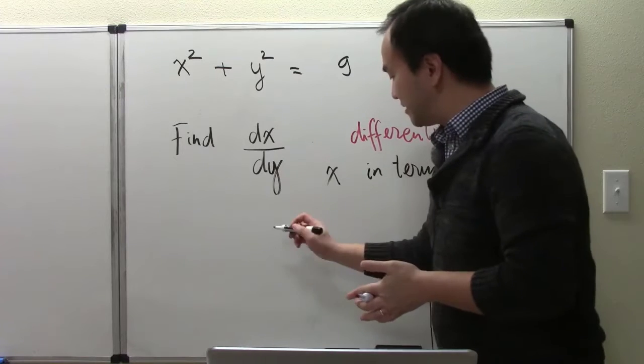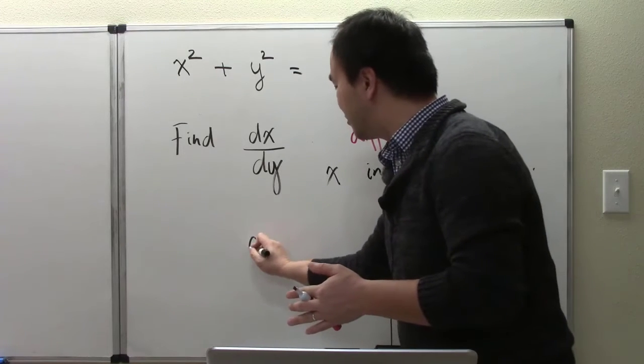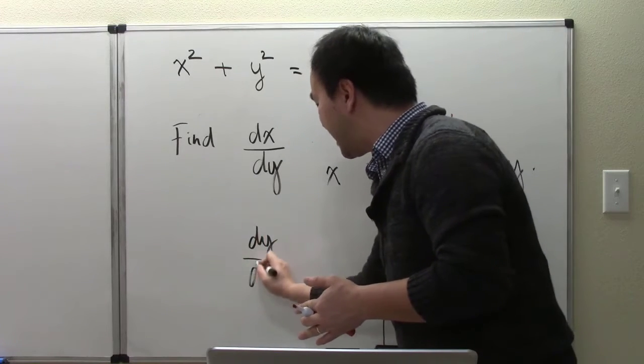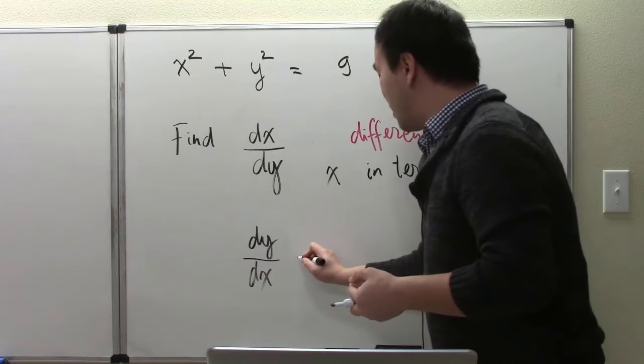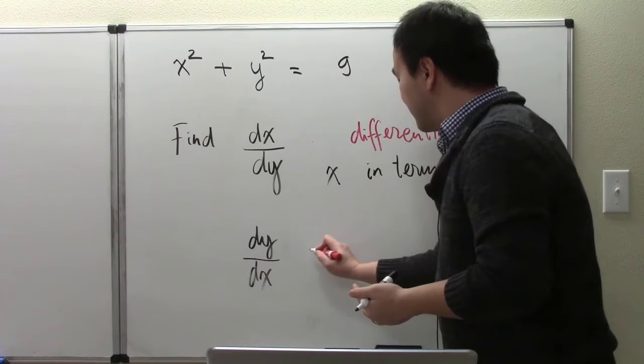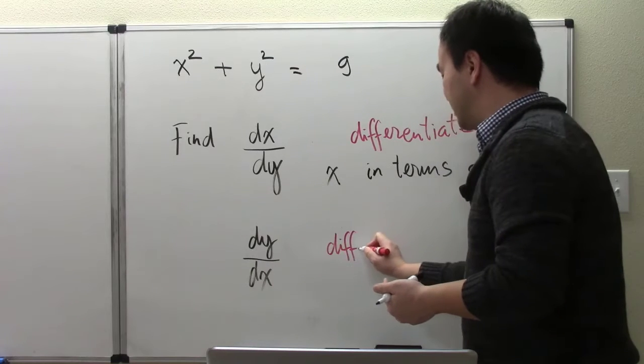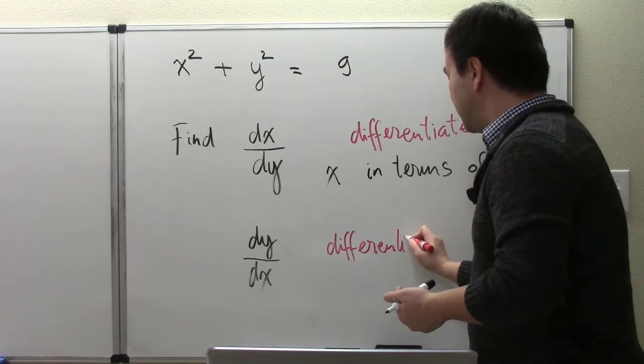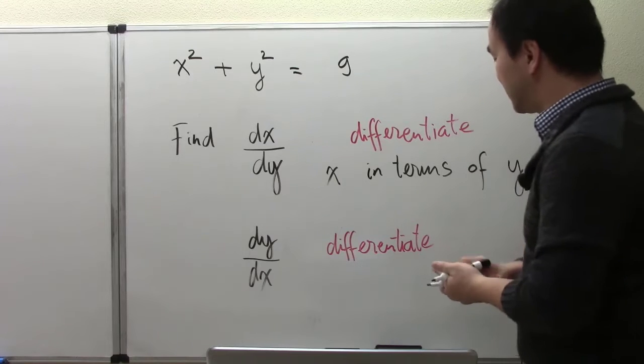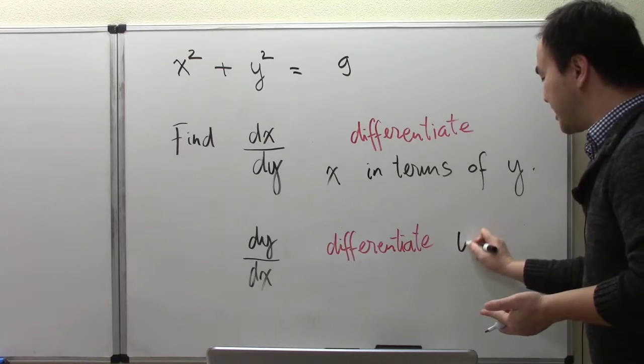So similarly, let me quickly flash back to the earlier one we've had. This symbol dy dx here, another way of saying that is we differentiate. That symbol tells us to differentiate. But differentiate what? Differentiate our function y.